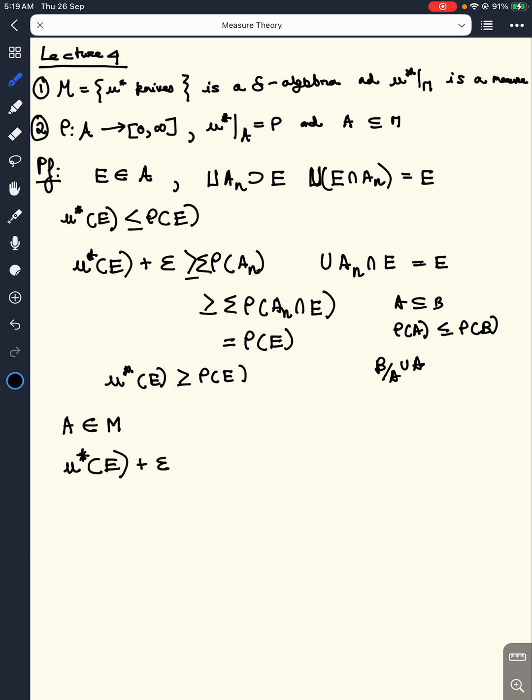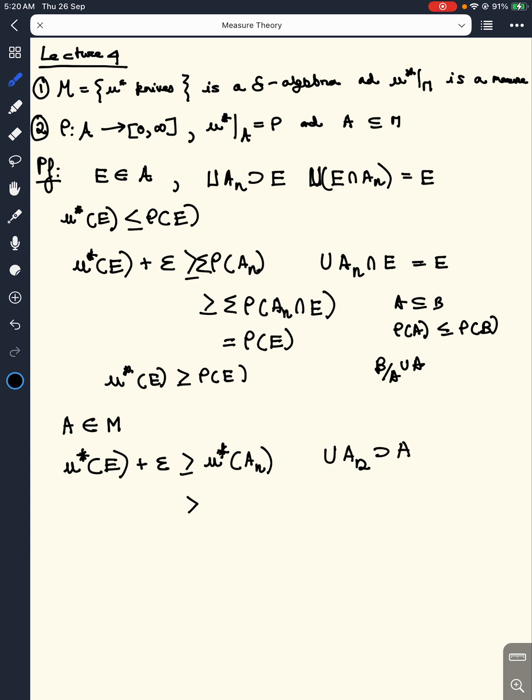If mu star of E is infinite, then it is done, because that inequality will always hold, that mu star is greater than or equal to that. So take an epsilon greater than 0, assume mu star is finite, then you will get elements A_n in the algebra such that this is true, and the union of A_n covers E.